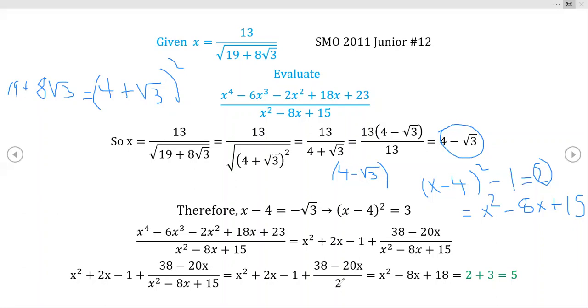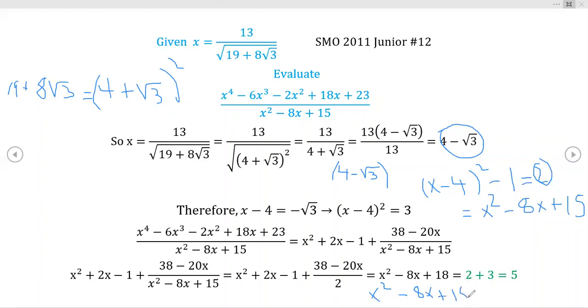Now, I did a little bit here. 38 divided by 2 is 19. 19 minus 1 is the 18 that you see right here. Minus 20x over 2 is minus 10x, which combined with 2x gives you minus 8x. And so right here, you could think of this as being written as x squared minus 8x plus 15, plus 3.